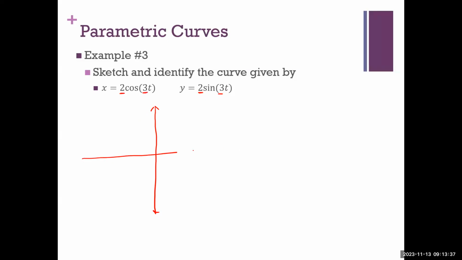So with our last set of equations, one thing we can talk about with sine and cosine is their amplitude. What does the amplitude of a sine wave or a cosine wave refer to?